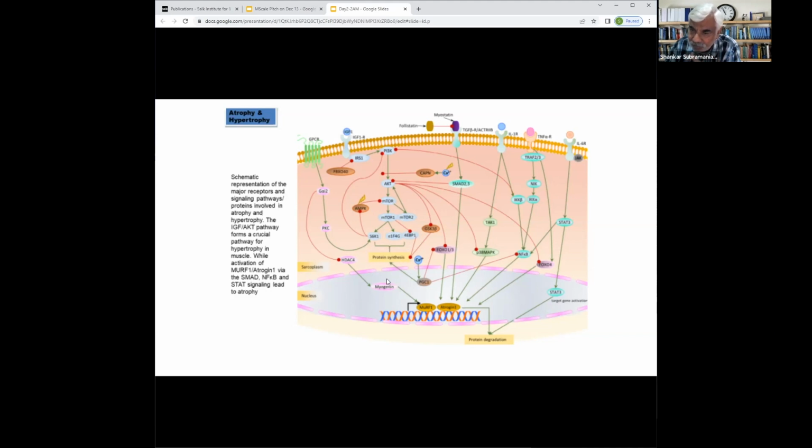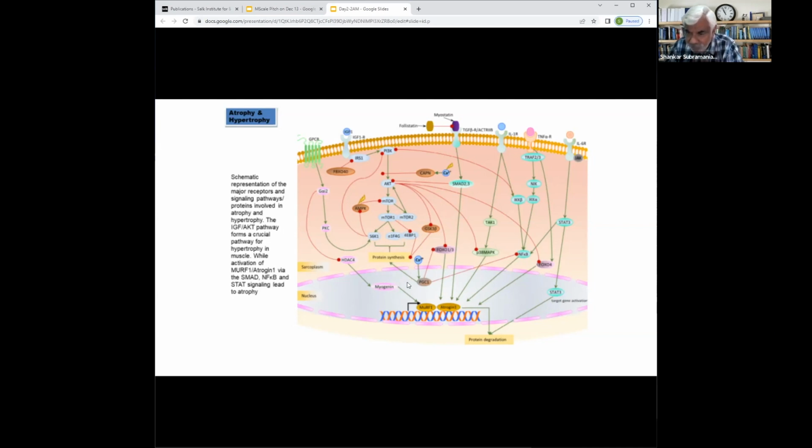As a consequence, the muscle starts to atrophy, right? And similarly, muscle can also get hyperactivated, hypertrophy of the muscle. In the case of increased insulin activation, for example, muscle can get hypertrophy, and you have a number of factors like inflammation, for example, which activates the hypertrophic muscle. So this is essentially a schematic way of representing what happens to a muscle through a complex set of events.